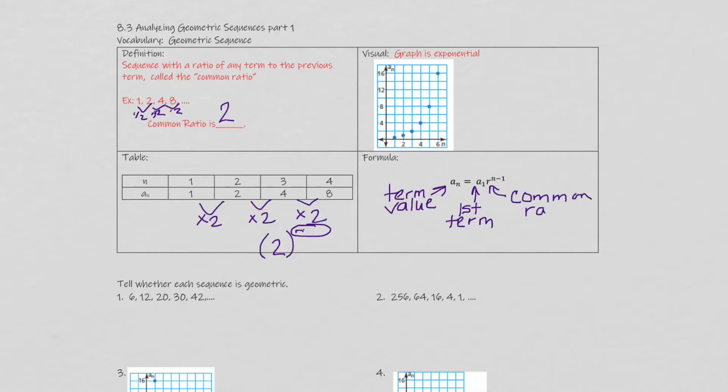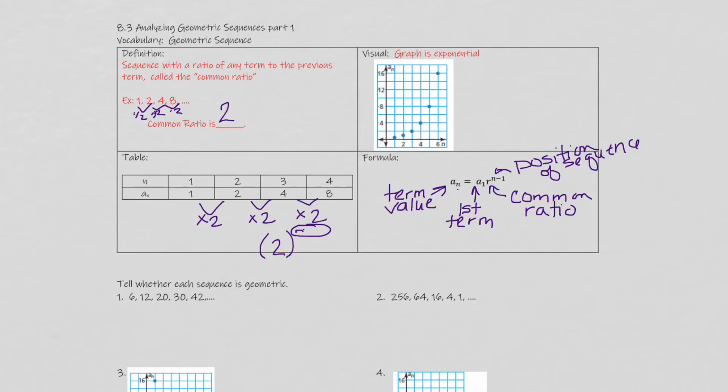And the n up here is the position in the sequence. Like, was it the first one? Was it the second term? It's the position in the sequence. Okay? It's also that little number that you have attached to that n right here, the a sub n.